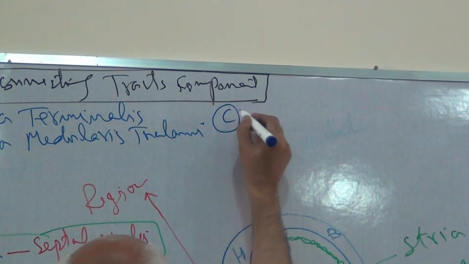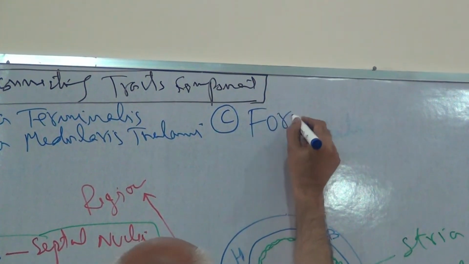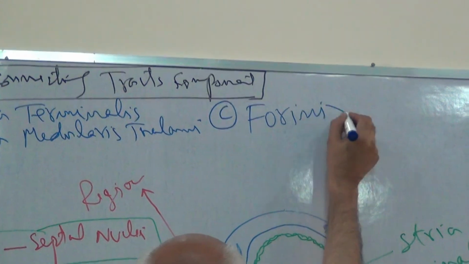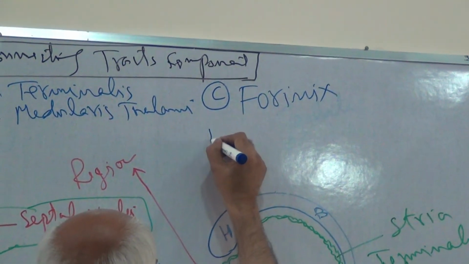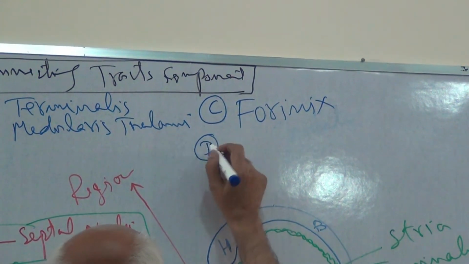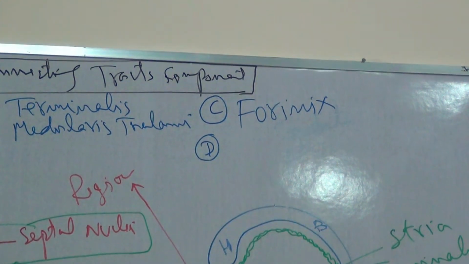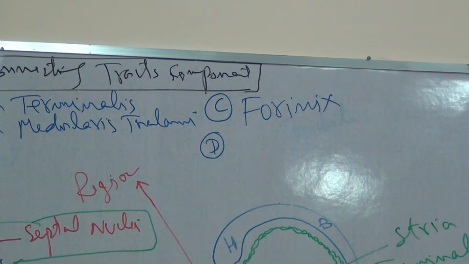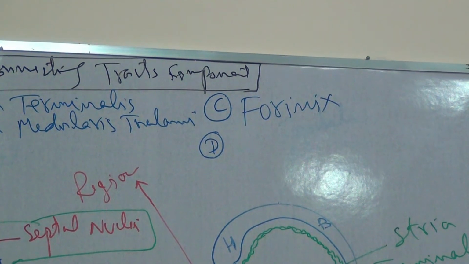And another important one is the fornix, which is an important outflow of the limbic system. And we just discussed the mammillothalamic tracts.